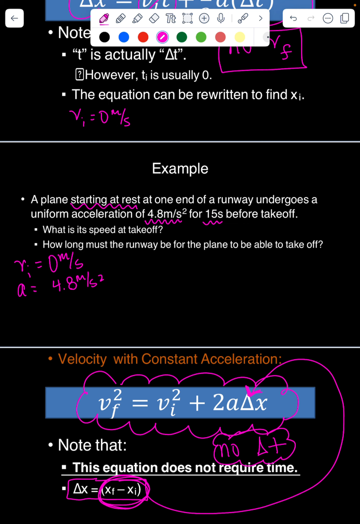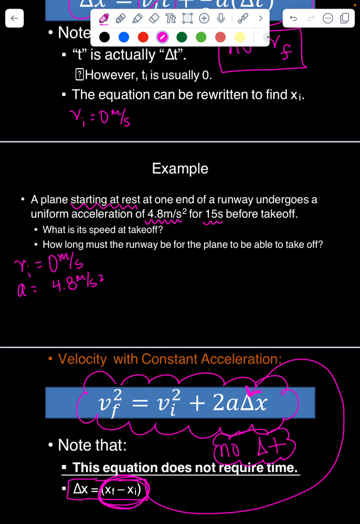So this plane is moving, or it will be moving, at the end of a runway. I did not give you a specific direction, so we assume that this plane is moving in the positive direction. Well, if it starts from rest, that means that it has to speed up in order for it to actually take off.